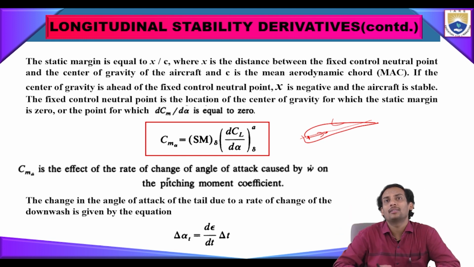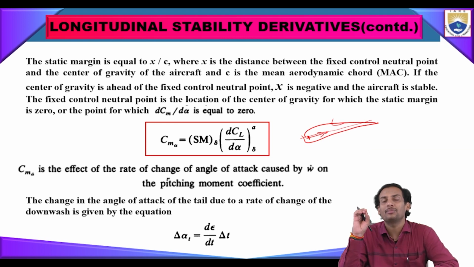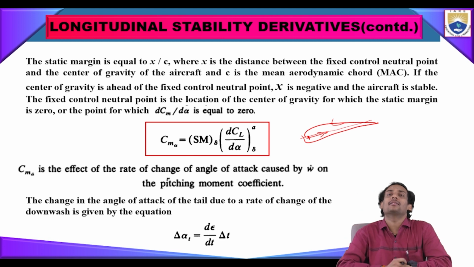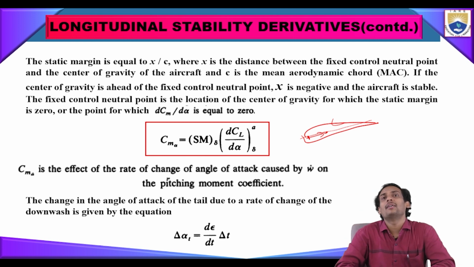If the location of the center of gravity is one for which the static margin is zero, that is, the axis exactly matches the control neutral point, then the angle of attack is zero only, because there is no pitching moment. This will be in a stable condition, so that Cm alpha with respect to the change in alpha will be equal to zero.